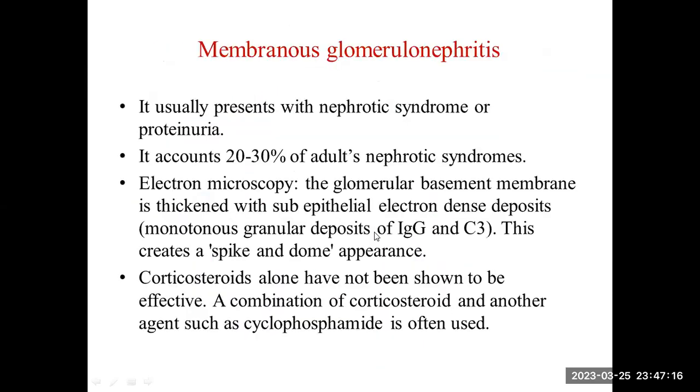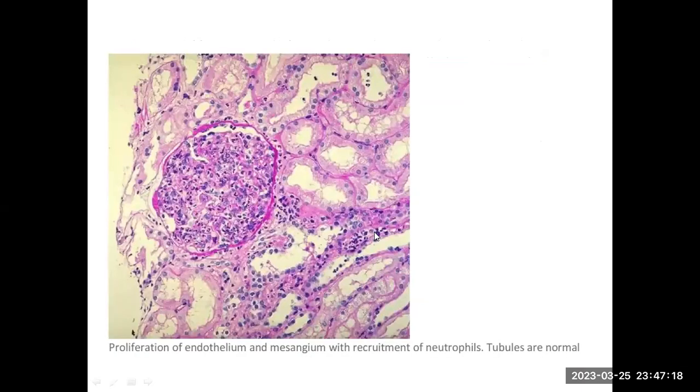I have a histology picture here. Yes, as you can see, this is the glomerulus. The Bowman's space, where the filtrate will be released, is not clear here because the glomerulus is heavily infiltrated by neutrophils.